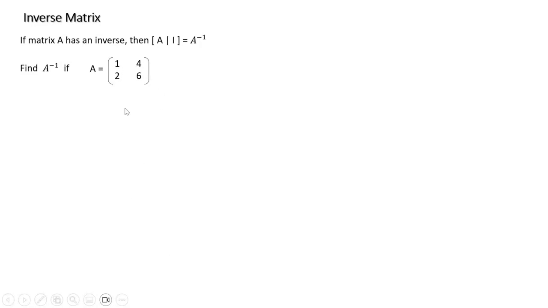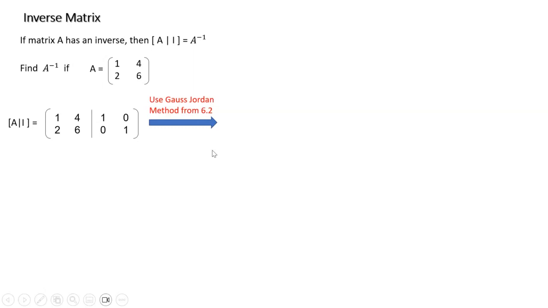Now here, guys, we are going to do it. There's two ways to find the inverse. We're going to do what we did in last week's presentation. We're going to use the Gauss-Jordan method from 6.2, which means the 1, 0, 0, 1 has to come to my left side, and whatever's on the right side, that's going to be my inverse.